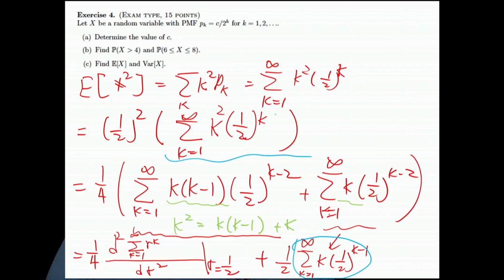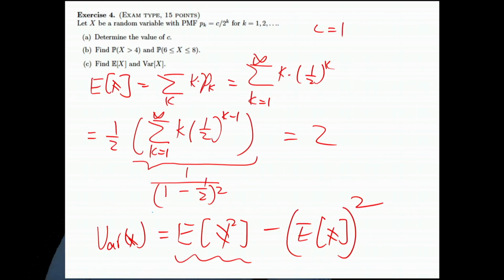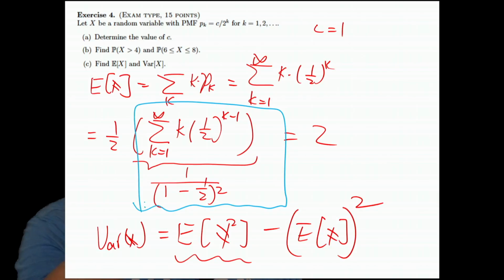There's a typo. This dimension is here, which is 4.